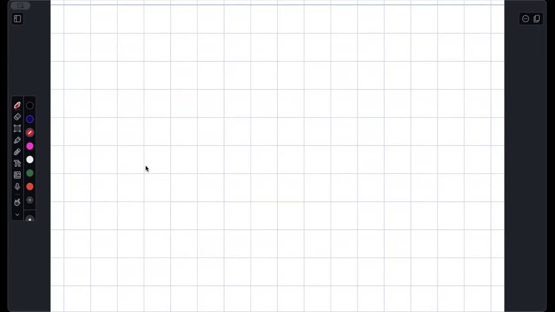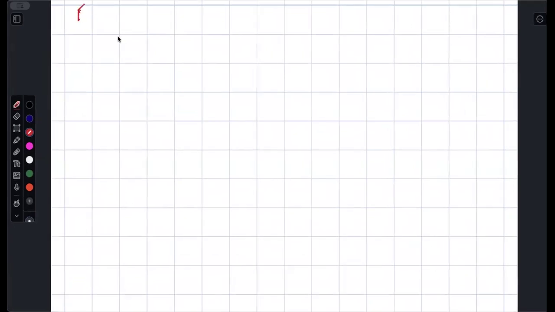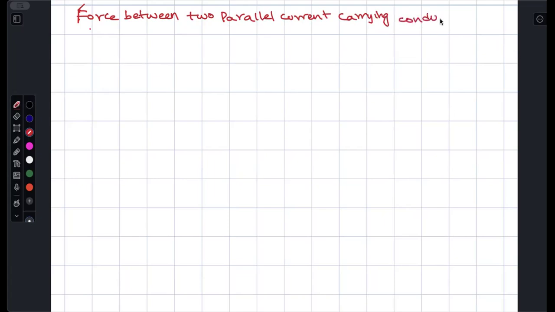So make sure that you do well in this. Right. Now here we have force between two parallel current carrying conductors.